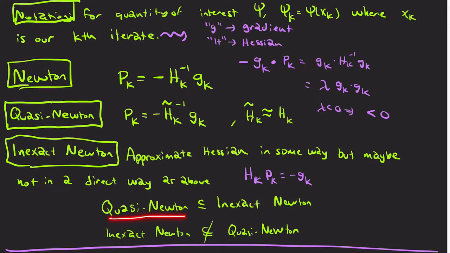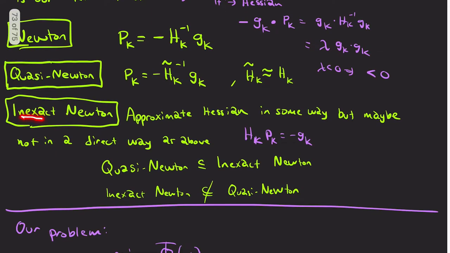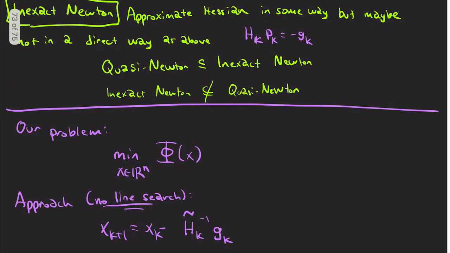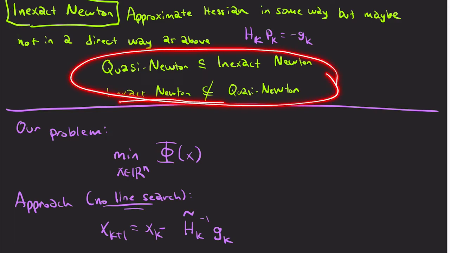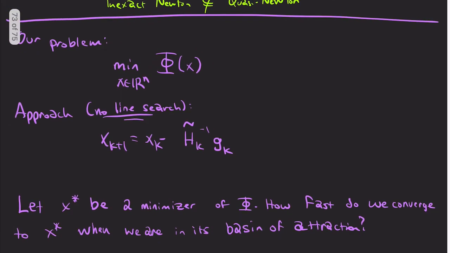In general, every quasi-Newton method is an inexact Newton method, whereas the converse is not necessarily true. Of course, some people might not use this term. They only refer to quasi-Newton, or they mean them to literally mean the same thing. But the terminology I've run into is that inexact is more general than quasi-Newton. Again, that can differ from person to person.